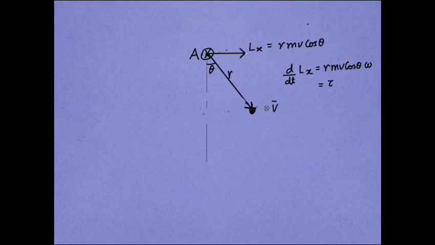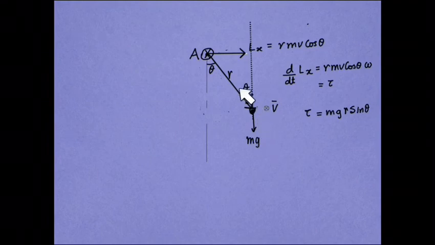Now if we consider the forces acting on it, the forces are mg and tension. Tension on extending will pass through A, so it will have no torque, while mg, if you extend it, will have a perpendicular distance, and the perpendicular distance will be r sin theta, so its torque will be mg into r sin theta.